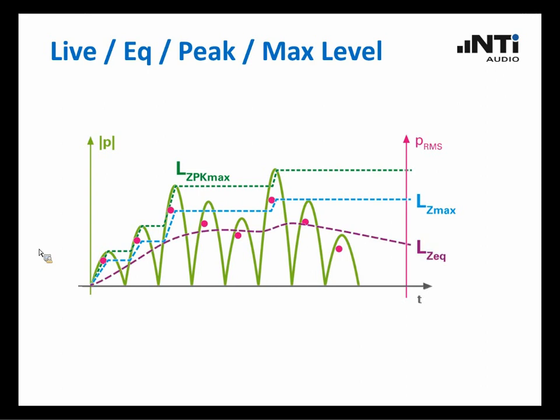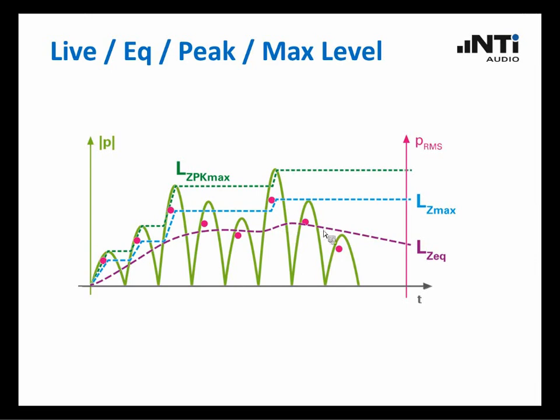And then we have the LEQ result, the equivalent continuous level. You remember that was the average result. So into this purple dotted curve, all the levels over the whole history up to the corresponding point go into the calculation. So you see it comes up here, then it becomes a little bit more horizontal. There's another smaller peak due to this one, but due to this previous time, there is not an immediate response as for the instantaneous level.